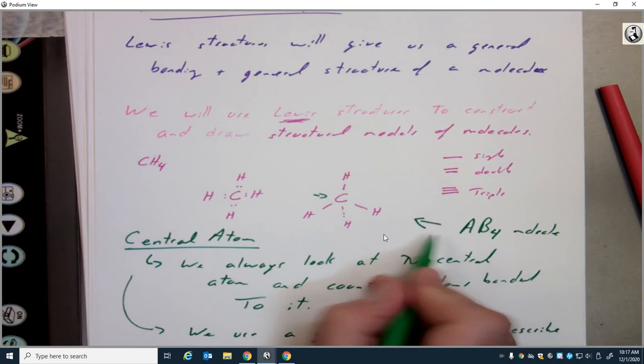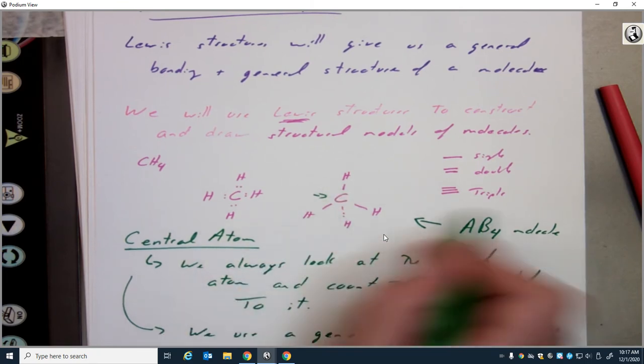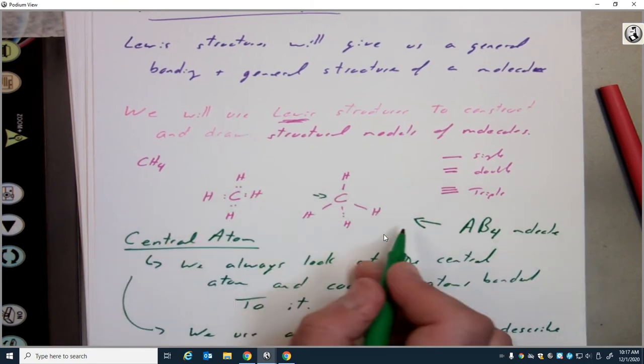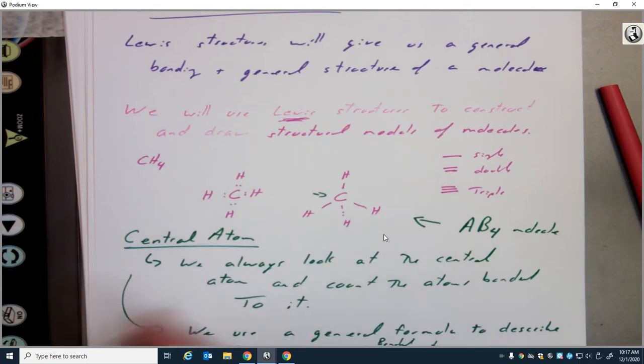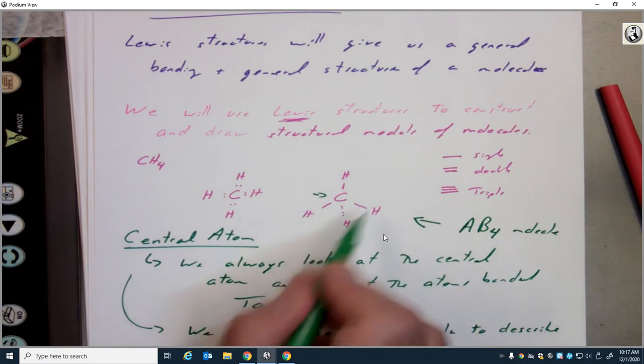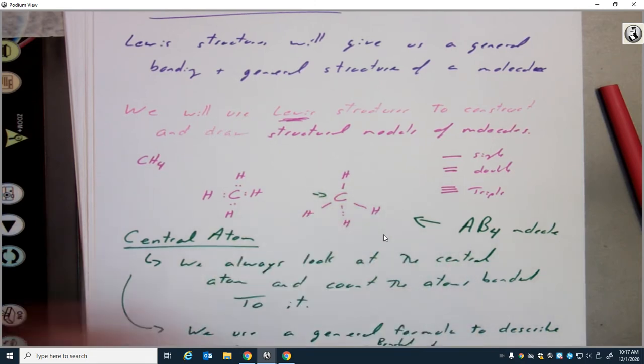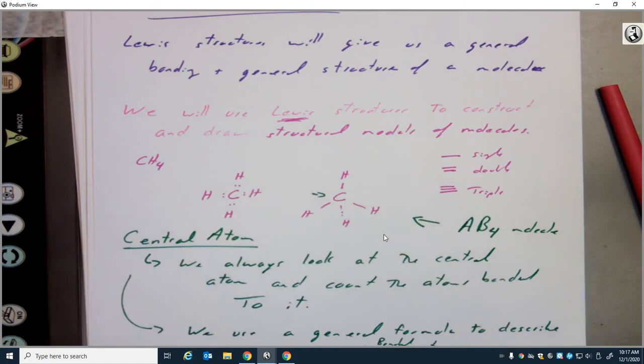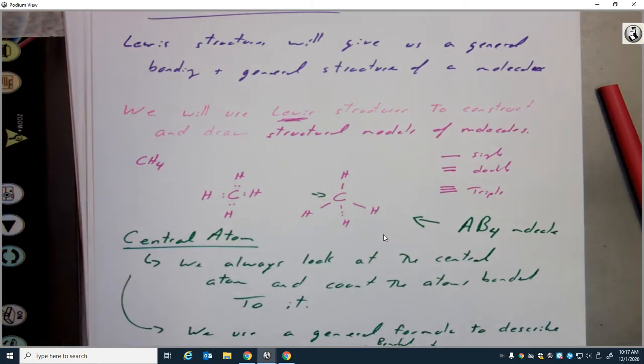This is just a general formula for the different types of molecules that we have. It says we have a central atom and there are 4 bonded atoms coming off of it. So we'll use this notation as we go through some of these things.